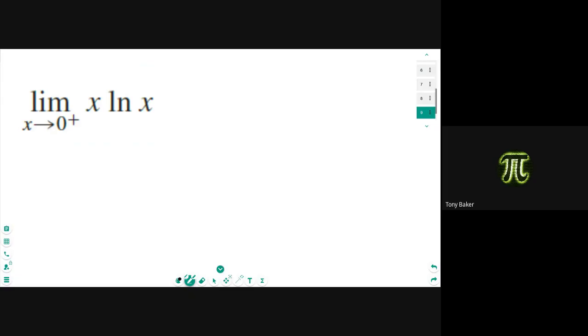So if you plug in 0, x is going to be 0, right? What's ln of 0? What happens as ln is getting closer and closer to 0?